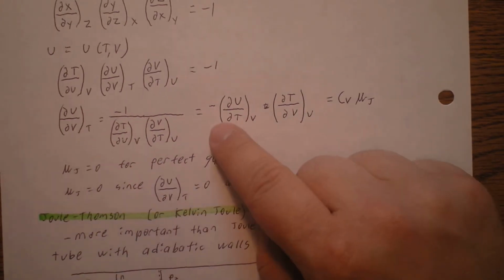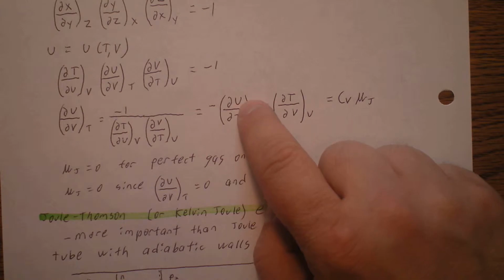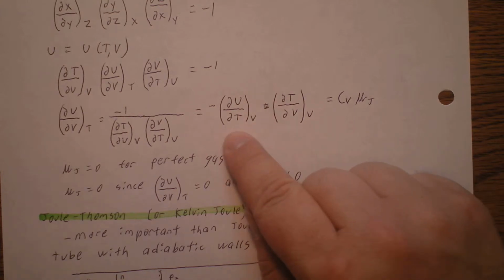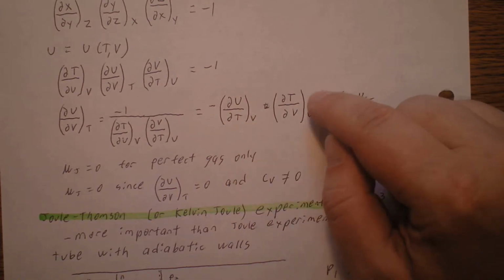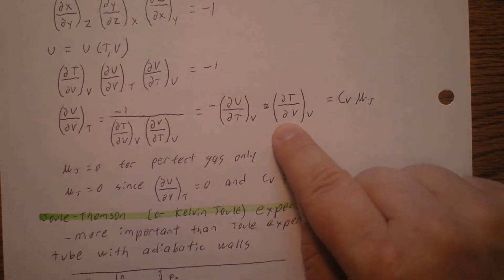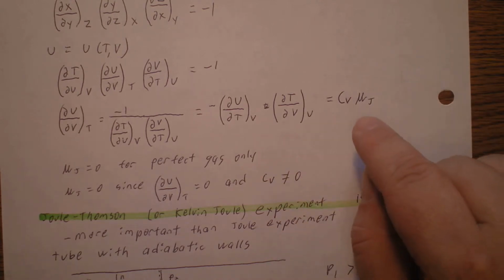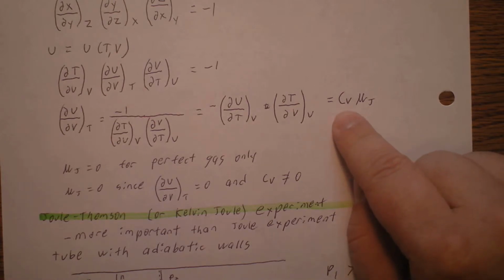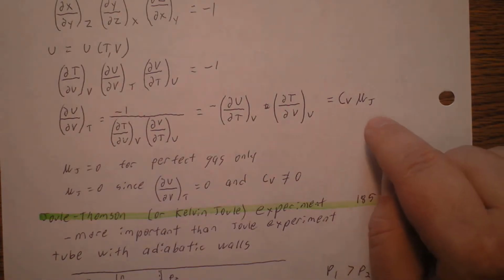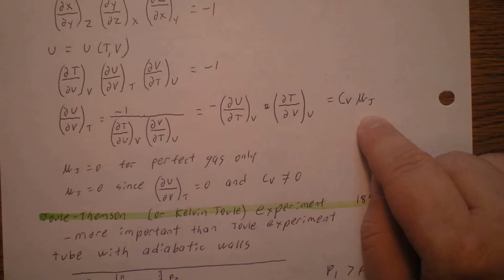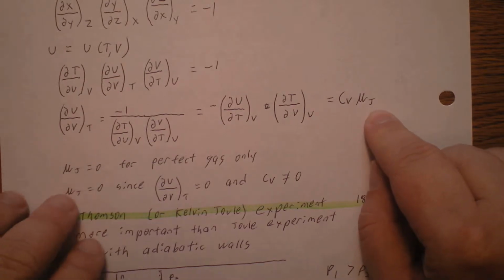So that equals minus the partial derivative of internal energy with respect to temperature holding volume constant times the partial derivative of temperature with respect to volume holding internal energy constant. And that is equal to the heat capacity at constant volume times mu J, the Joule coefficient.